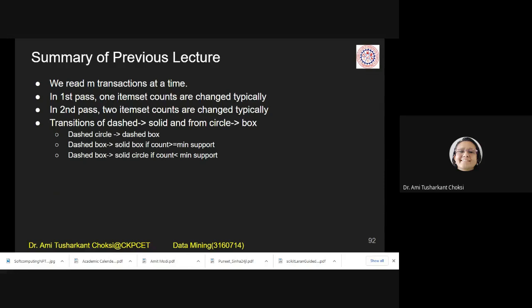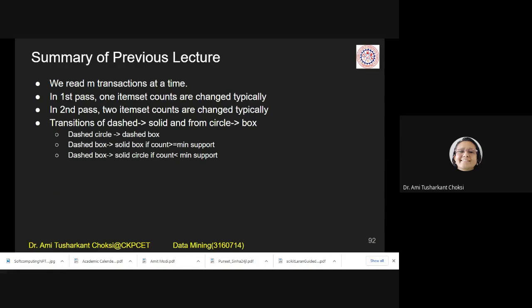In the first pass, 1 item set counts are changed, or you can say they are getting confirmed, and we consider a few 2 item sets. In the second pass, 2 item set counts are changed typically, and we may consider 3 item sets. It depends on the way it is being traversed, or the way the transactions are there. Just recall; then we can see the particular example and get the idea.